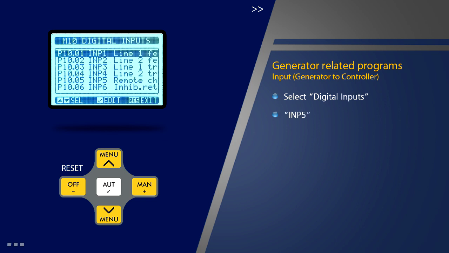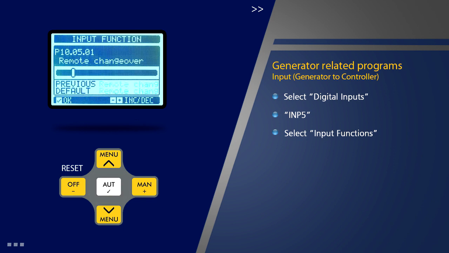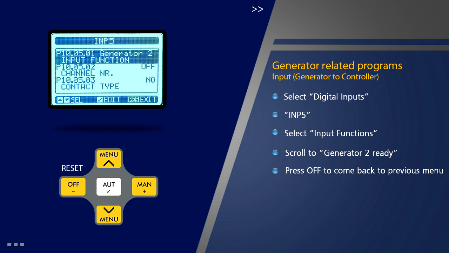Now scroll to option 5, which is INP5 on this page and press OK. Select the first option, Input Functions on this page and press OK. Scroll to select the option Generator 2 Ready on this page and press OK. Press Off to come back to previous menu. The option Generator 2 Ready is selected.